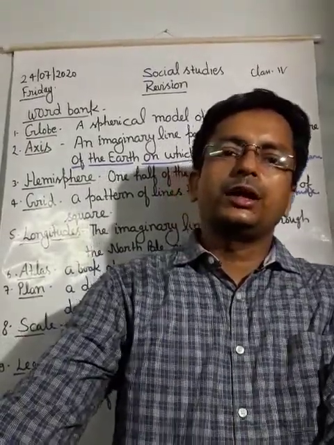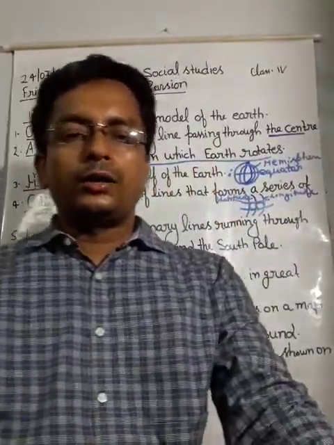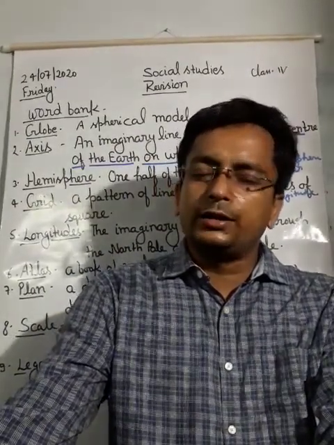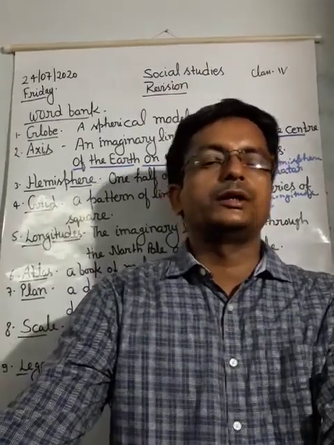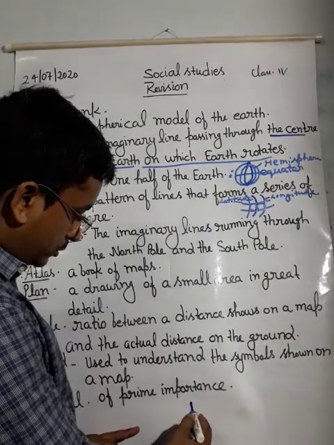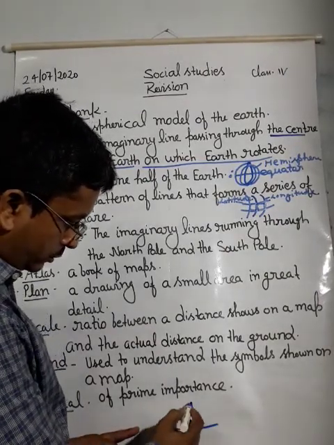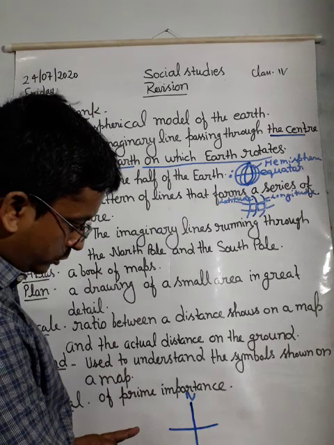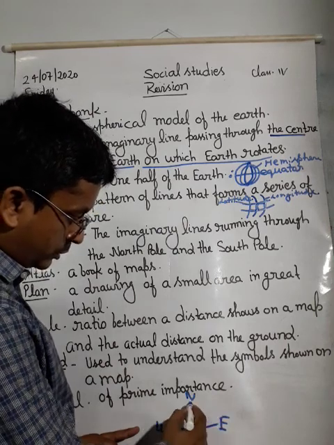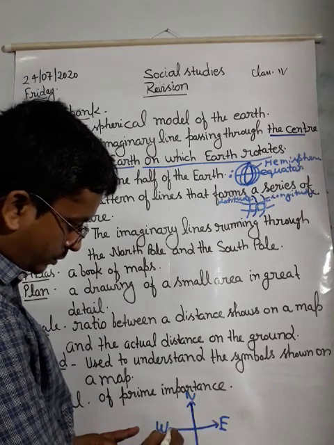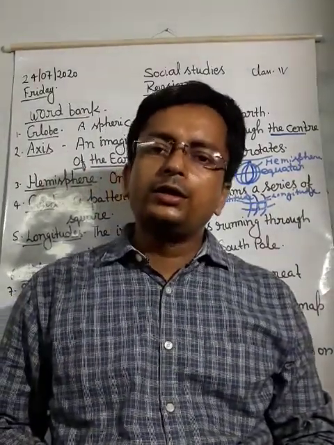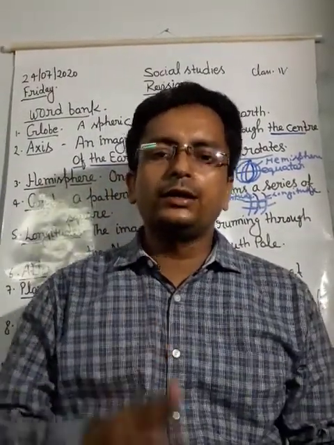And my dear students, cardinal is used in directions: cardinal directions and intermediate directions. The four cardinal directions are north, south, west and east. These four directions are called cardinal directions.